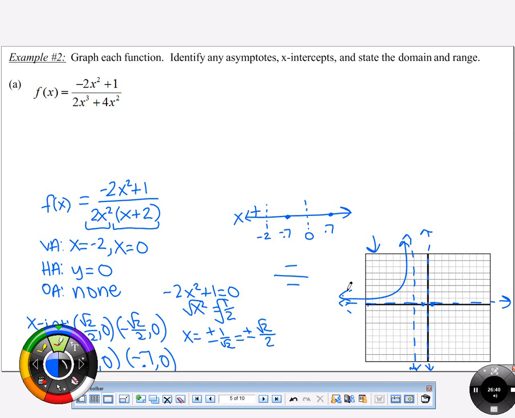When you plug in negative 1 to the denominator, 2x cubed plus 4x squared, plug negative 1 in for x. Do you get a negative or positive answer? Positive. So you get a negative in the numerator but a positive in the denominator. What's a negative divided by a positive? Negative. So basically, everything is supposed to be below the x-axis between negative 2 and negative 0.7.